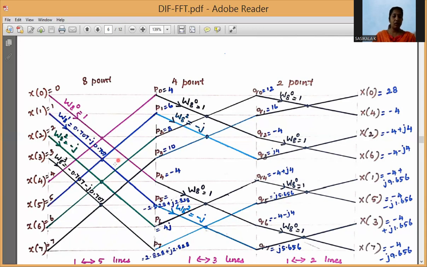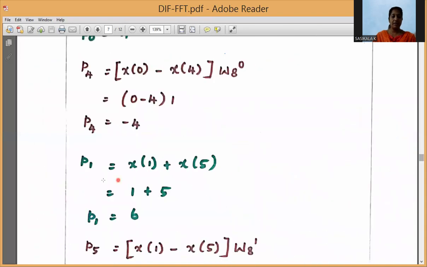So listen, P1 is equal to x of 1 plus x of 5. X of 1's value is 1 plus x of 5's value is 5. So 1 plus 5 is equal to 6. So P1 is equal to 6.